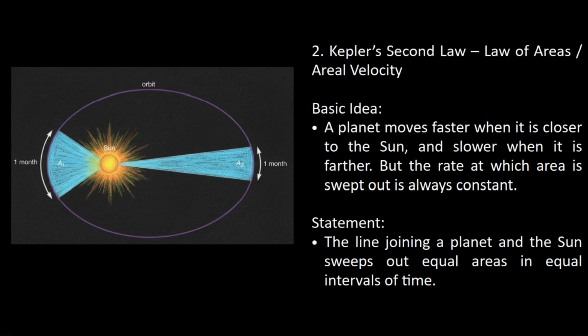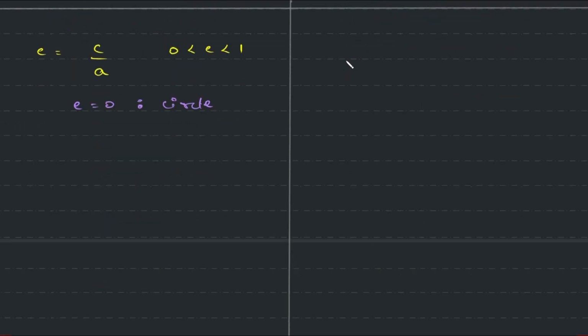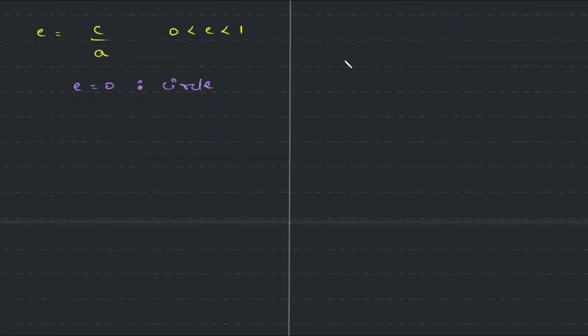Okay, so I will explain with the screen per se. Let's do this. Ellipse, one of the foci, fixing the sun over there.